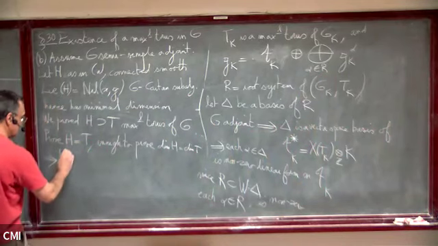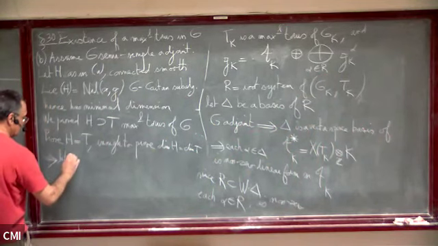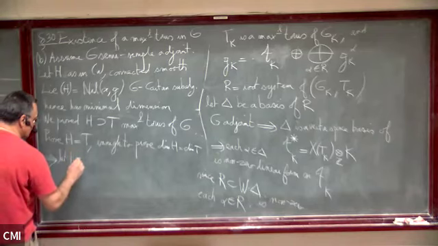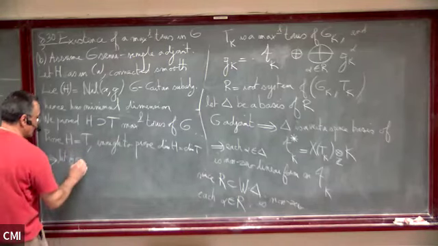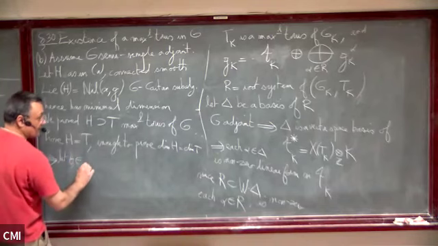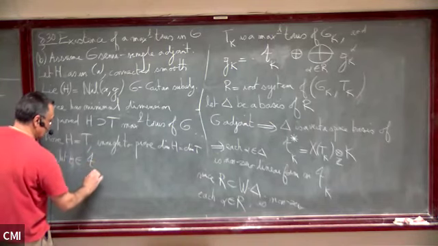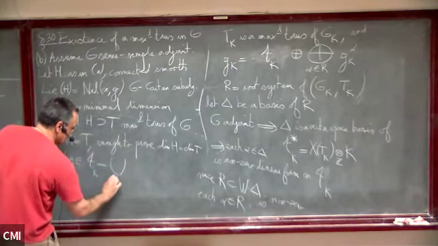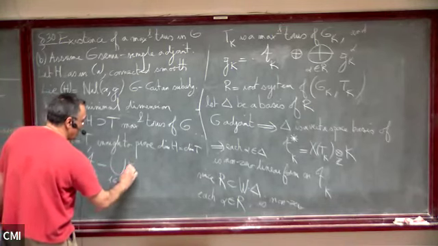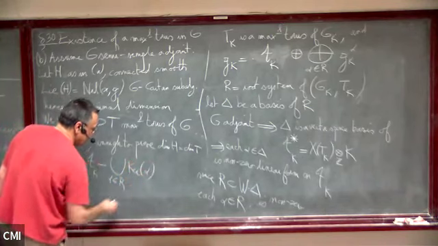we can pick, let small t be an element in TK, which is not in the kernel.